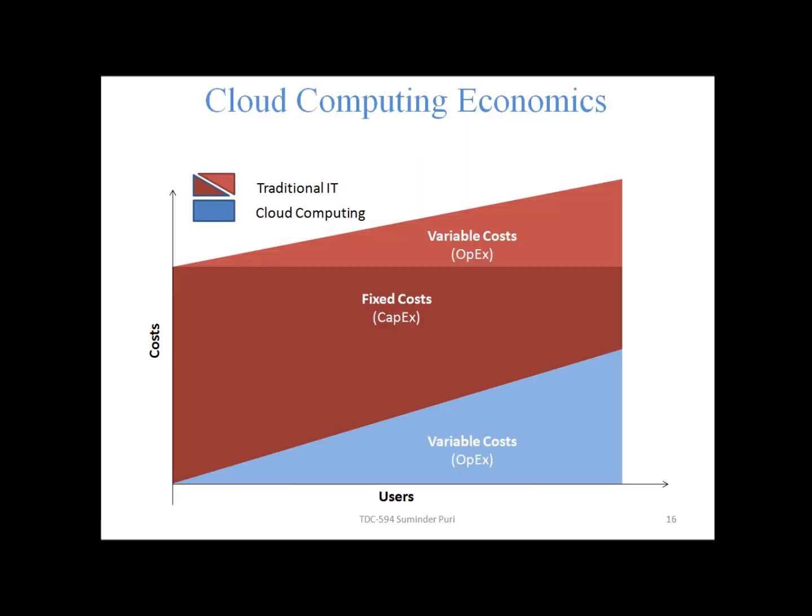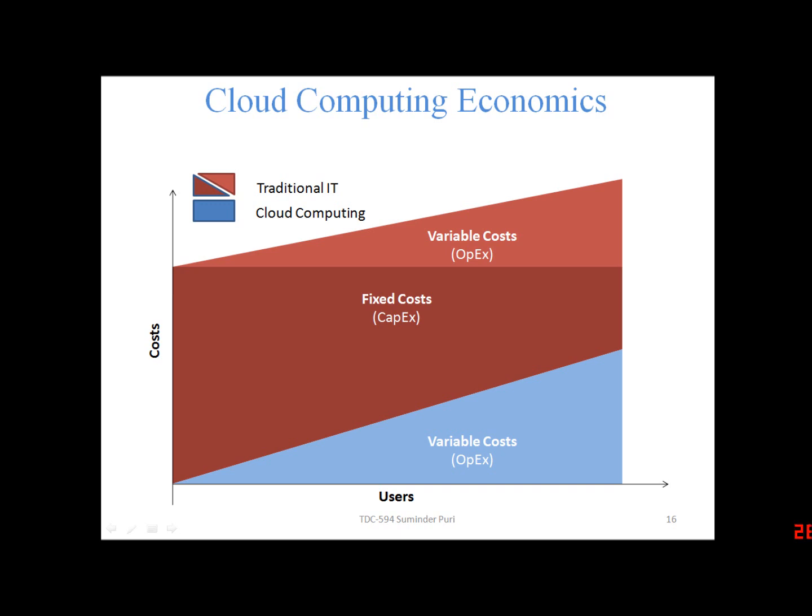So here I have put in a graph showing the economics of cloud computing versus traditional IT, including capital expenditure and operational expenditure. Cloud computing users can avoid capital expenditures on hardware, software, and services, and pay a provider only for what they use.